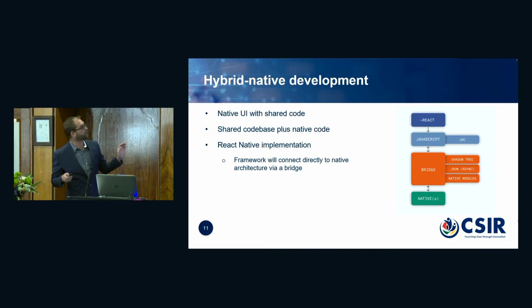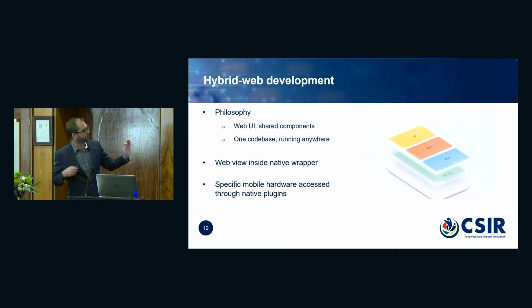And just contrast this to a hybrid web development approach where your code is running within a browser, and then if you need to connect to some feature on the device, such as a camera or an accelerometer or something, then that would be done with the browser communicating with the native layer of the phone directly. So that's the gist of the difference between those two approaches.